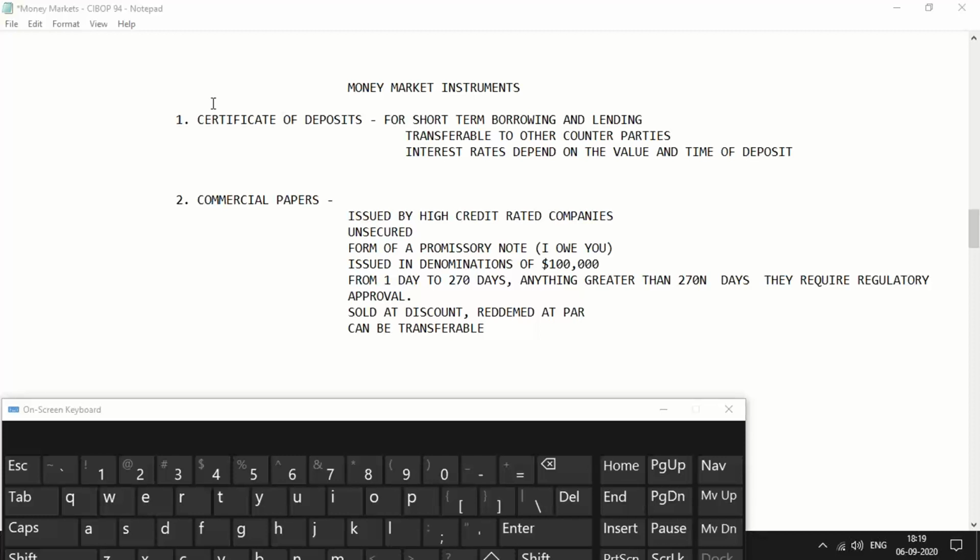Can you give an example of a high credit rated company in India, sir? In India, we have quite a few high credit rated companies. I think Reliance has now been upgraded because they're planning to pay off their debt.